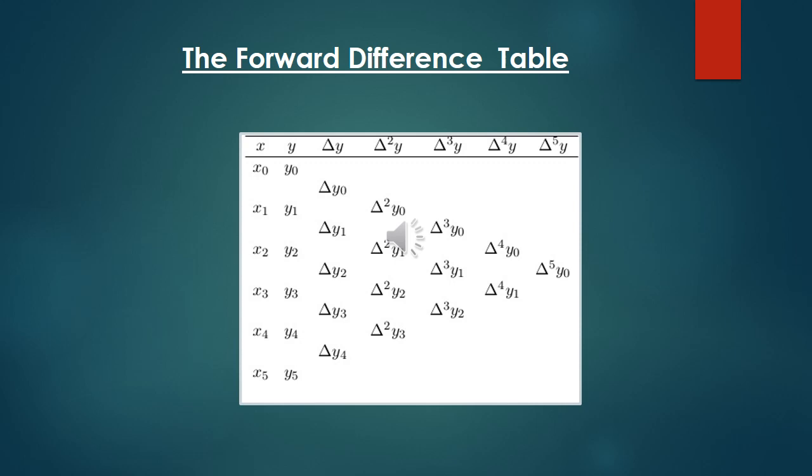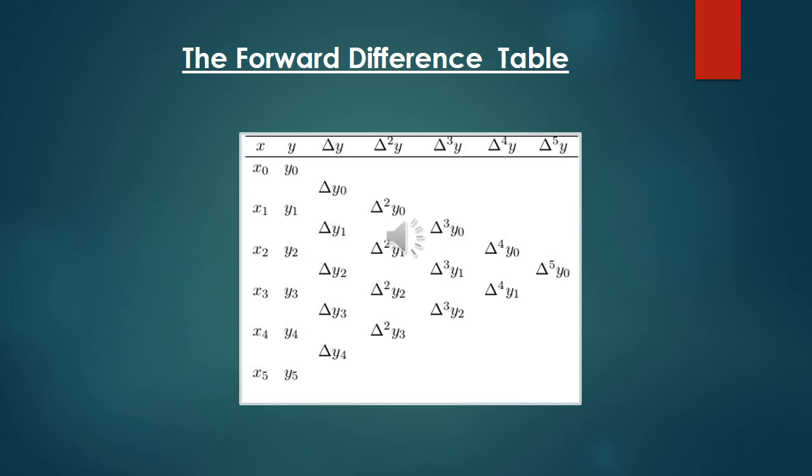Then the second term in the delta y column is delta y1, defined as y2 minus y1, which is right between y1 and y2. Similarly, delta y2 is y3 minus y2, delta y3 is y4 minus y3, and delta y4 is y5 minus y4.